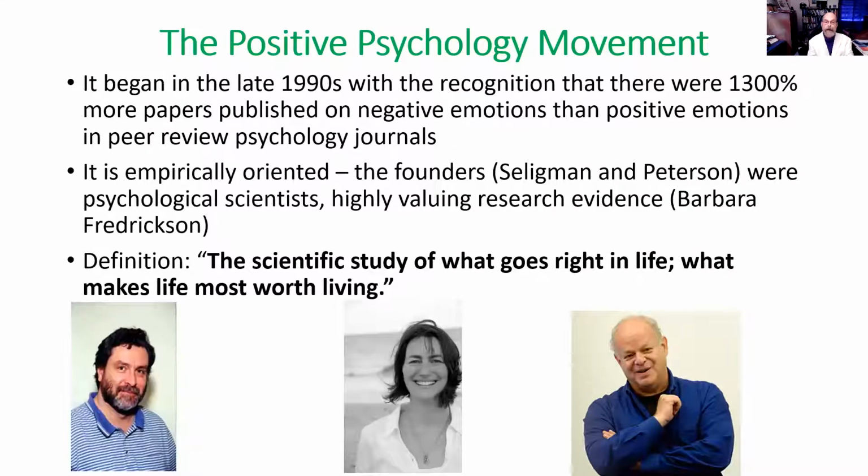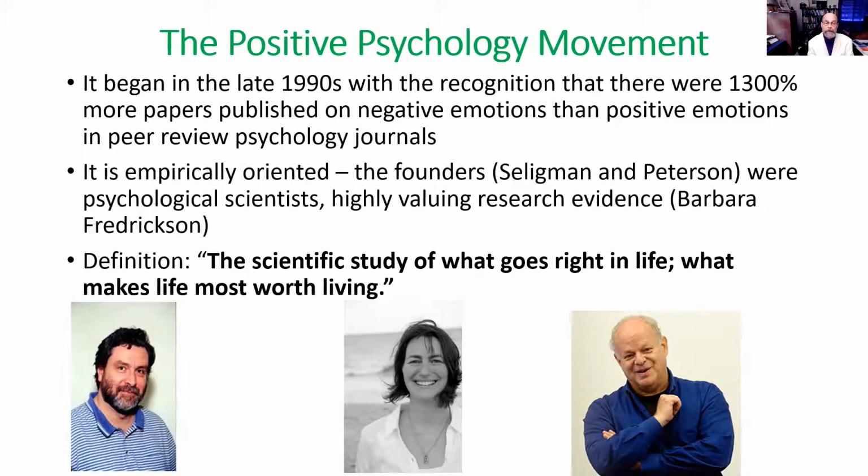Just for a little background, the positive psychology movement began in the late 1990s with the recognition that there were 1,300% more papers published on negative emotions than positive emotions in peer-reviewed psychology journals. Positive psychology set out to try to balance that trend and focus research on the positive emotions.